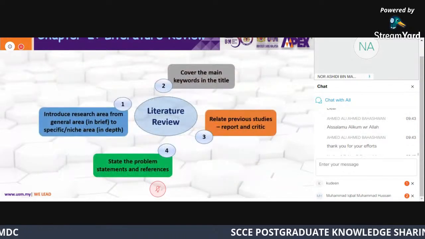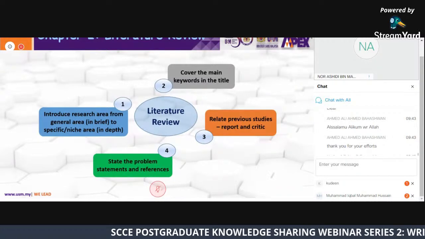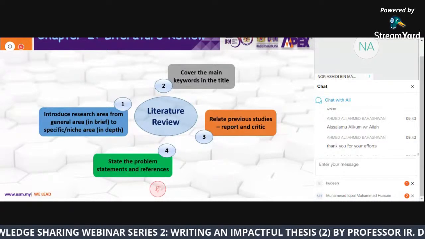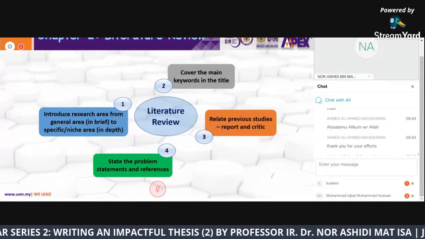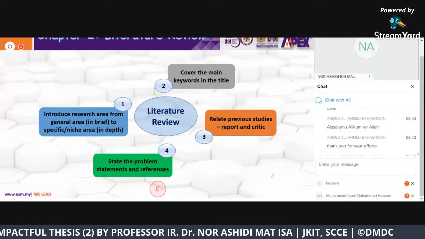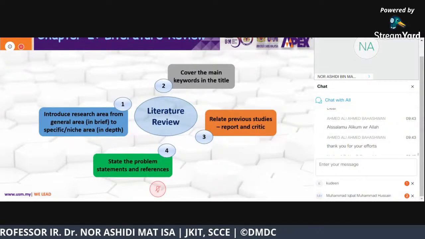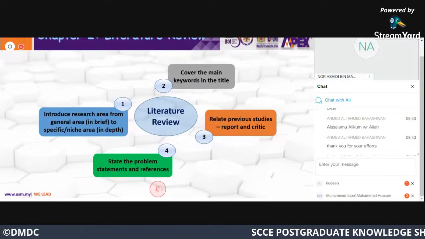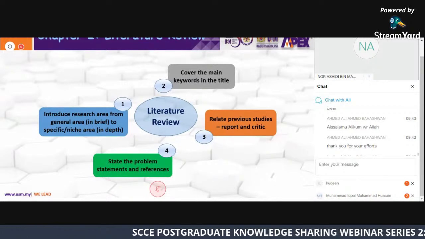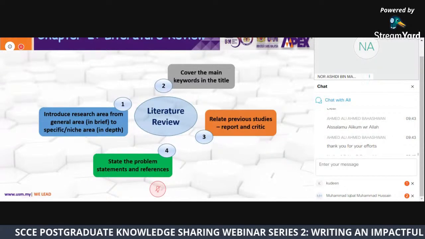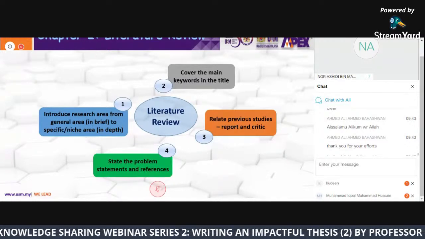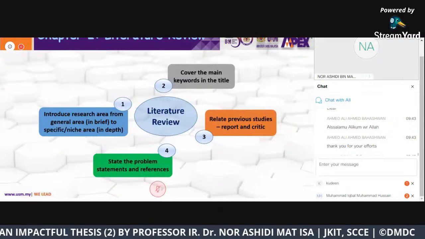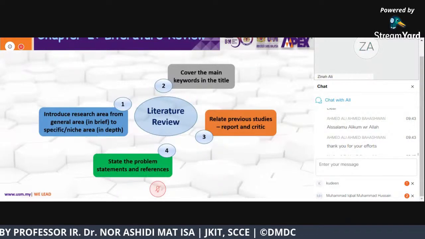In literature review, as I mentioned to you, this is just the general overview. When you do the literature review, I always inform my students that at the beginning of your research, your knowledge about that research may be only 10%.